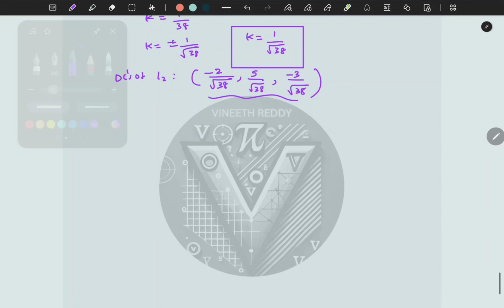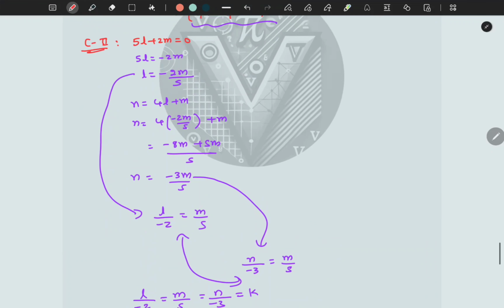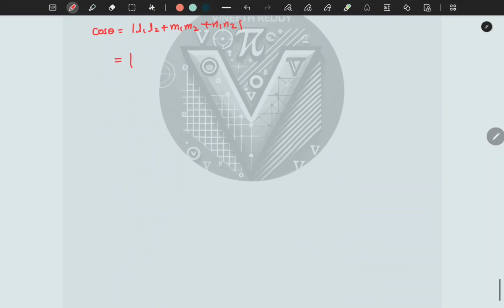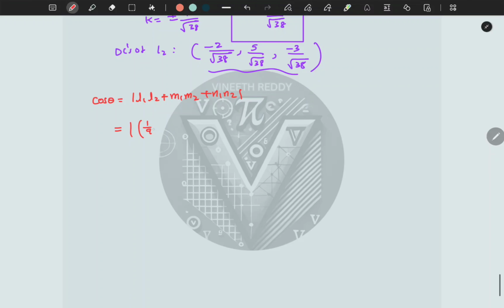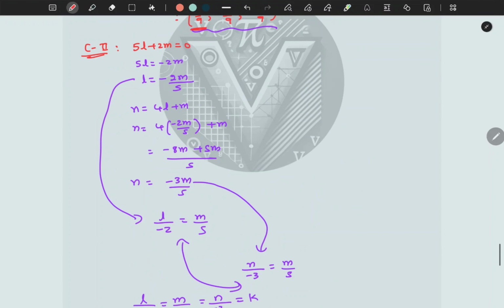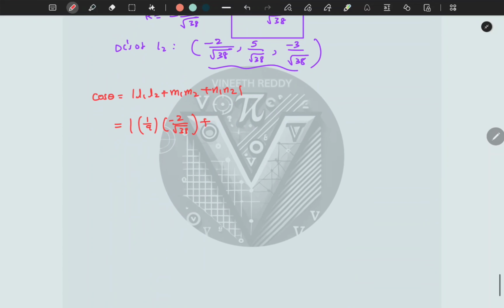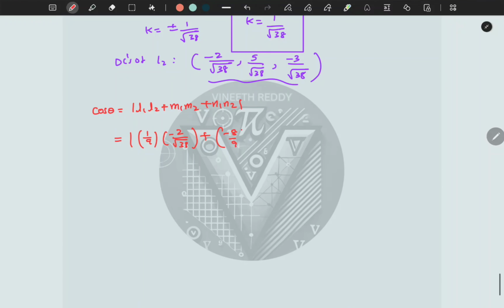That means cos theta will be mod of l1 l2 plus m1 m2 plus n1 n2, dear students. So l1 is 1 by 9, so we can write 1 by 9 into minus 2 by root 38, plus minus 8 by 9 into 5 by root 38.